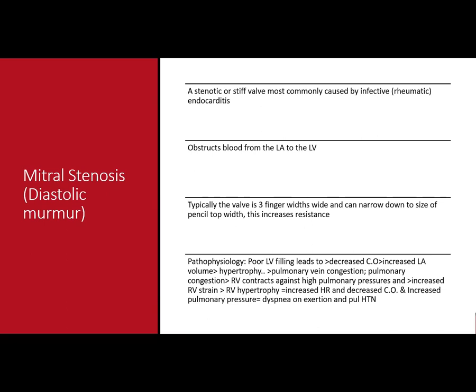Right ventricular hypertrophy causes increased heart rate, decreased cardiac output, and increased pulmonary pressure, which all leads to dyspnea on exertion and pulmonary hypertension. So basically, we're getting this dyspnea on exertion and this pulmonary hypertension, all because of these things leading into it closing off.